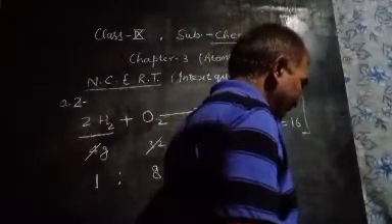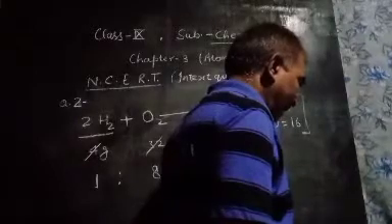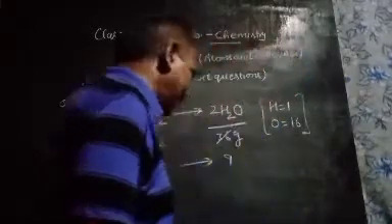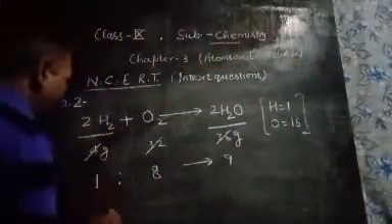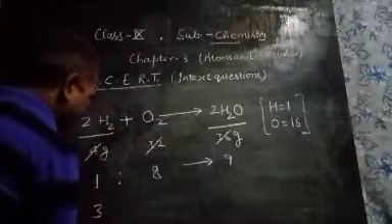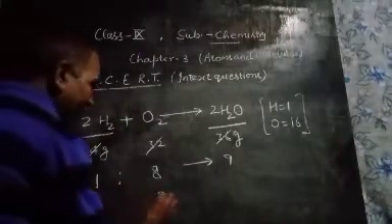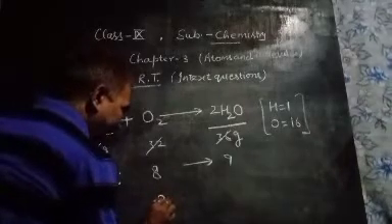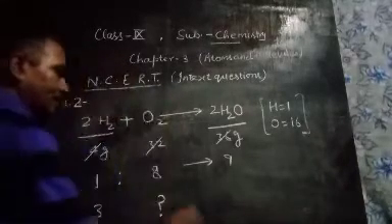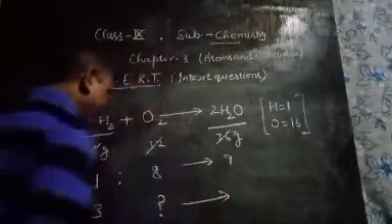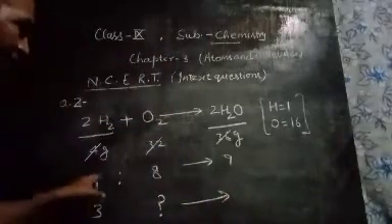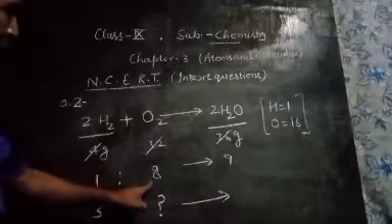What mass of oxygen gas would be required to react completely with 3 gram of hydrogen gas? If 3 gram of hydrogen gas is taken, then what mass of oxygen will be needed? Just think. 1 gram requires 8 gram.